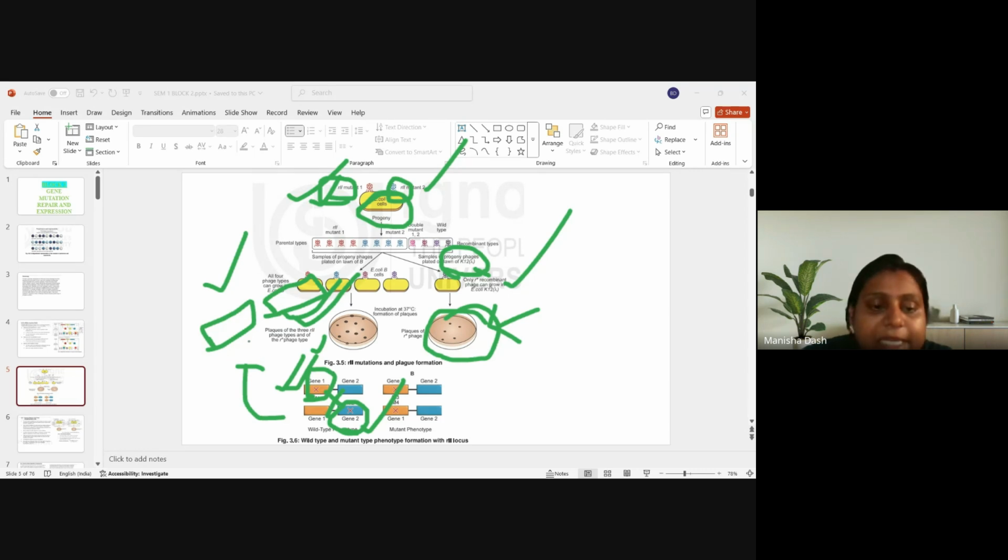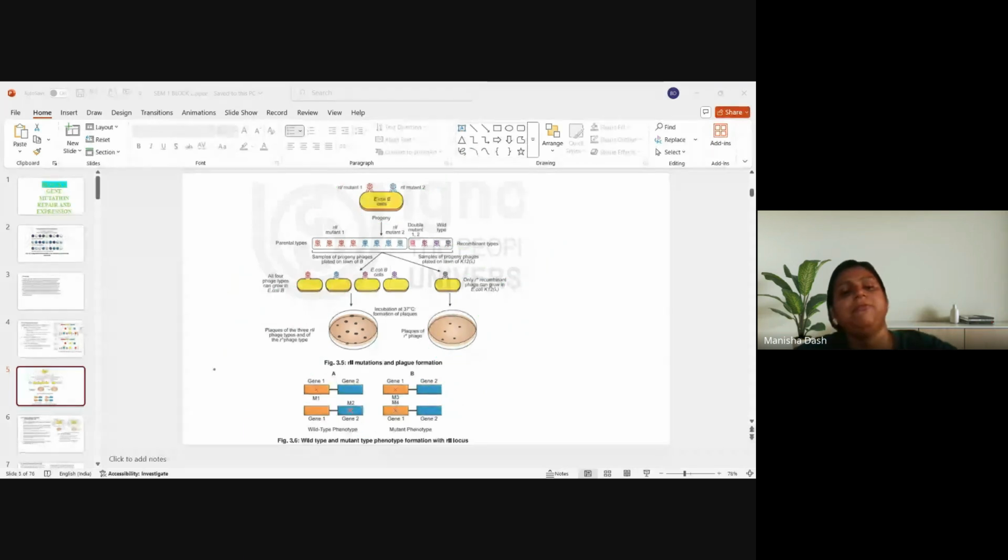But by any chance, if both the mutations are on the same gene, as you can observe in the second case, then it will behave as a mutant because there will be no complementation. This is what is called the cis-trans complementation in bacteriophage. If the mutations are in trans position, they can be complemented and you can get a wild type character like this.